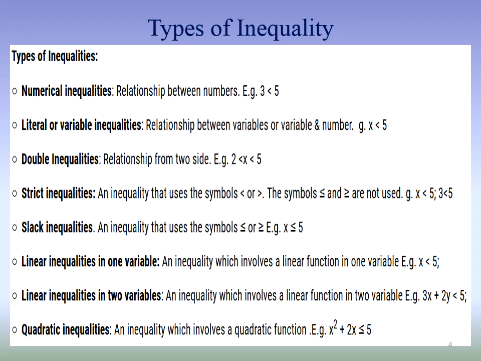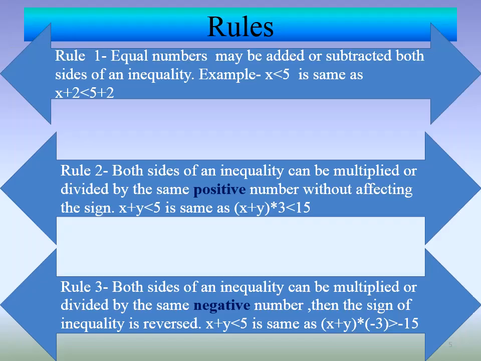Now if you want to start solving problems, we need to consider some rules. The first rule is: equal numbers may be added or subtracted on both sides of an inequality. Example, if x is less than 5, and I add 2 on both sides of this inequality sign, we can write it as x plus 2 is less than 5 plus 2.